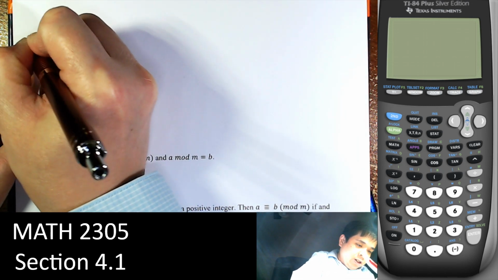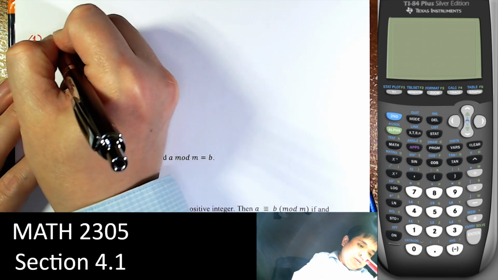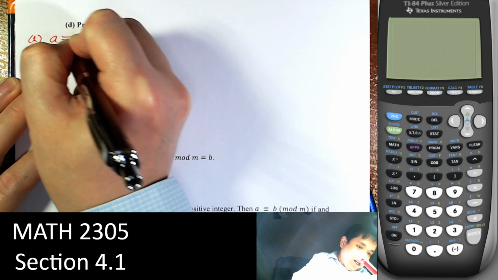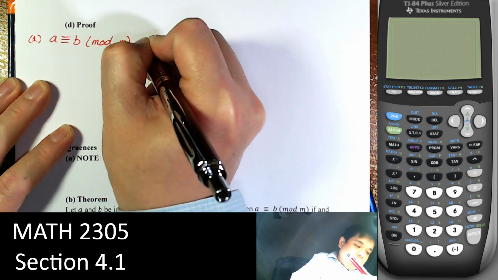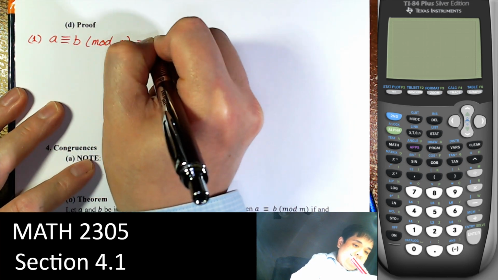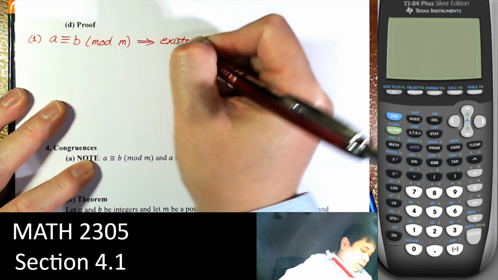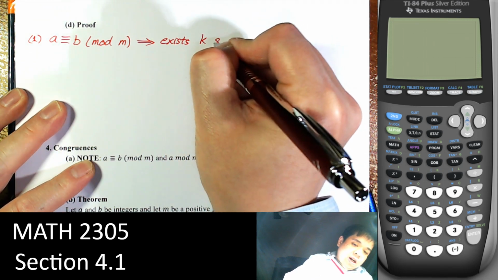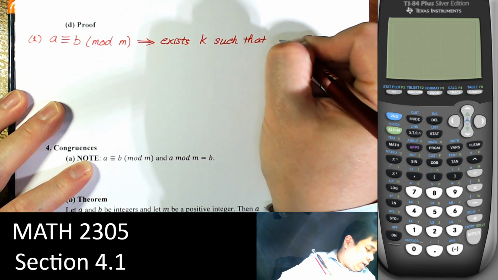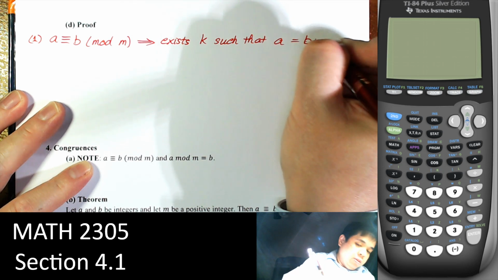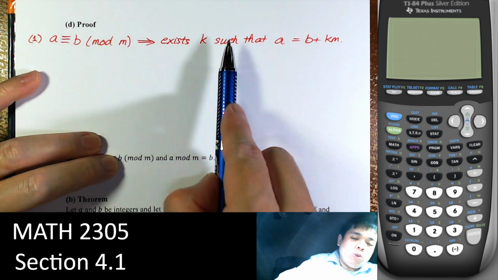Number 1. A and B are congruent mod m. So we assume that is true, then there exists k, of course an integer, such that a equals b plus km. Now we assume this is true, and need to apply that.